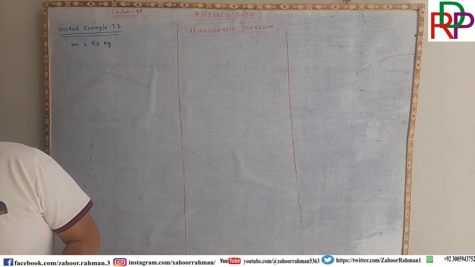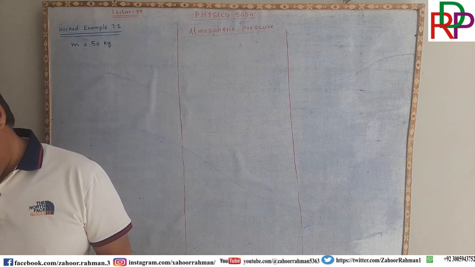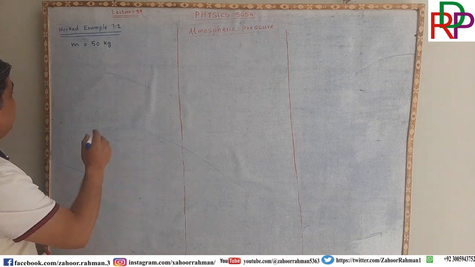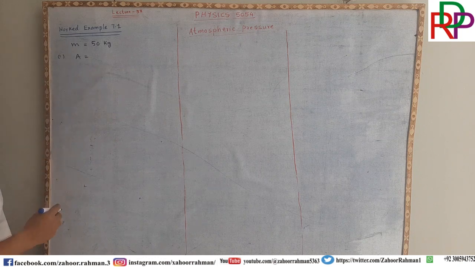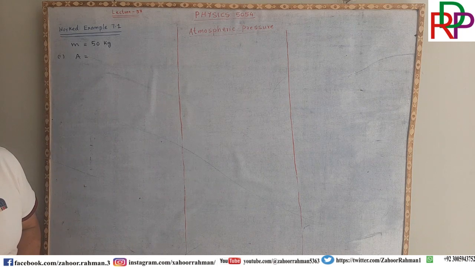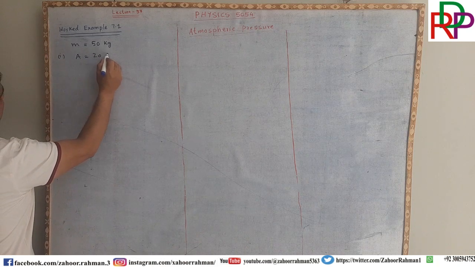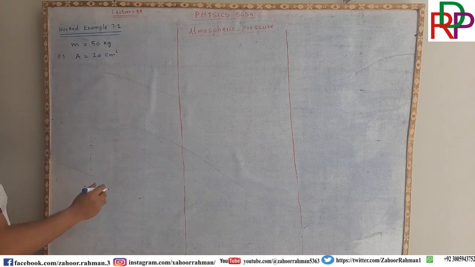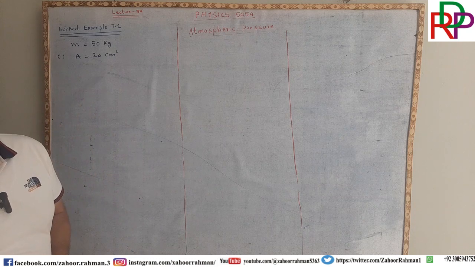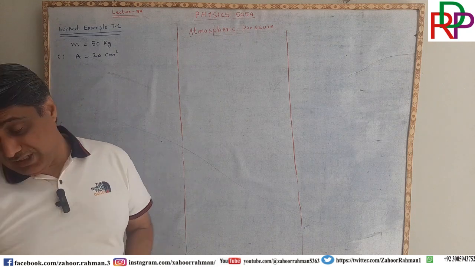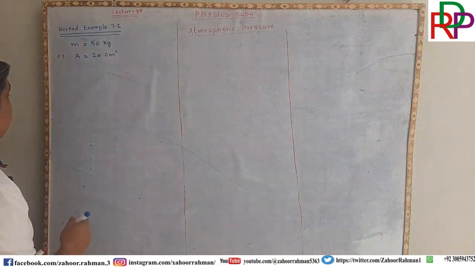And the area of her shoes in contact with the ground, in part A, is 20 centimeter square, and that is for the stiletto. We are going to find the pressure exerted by the stiletto on the ground.